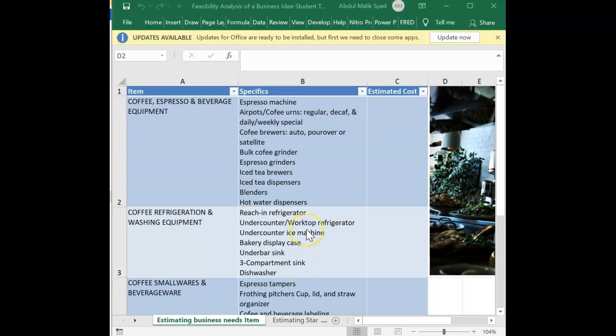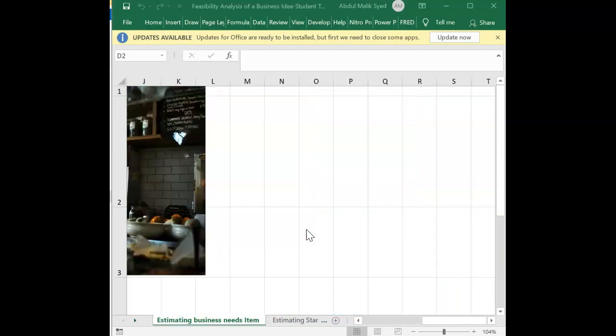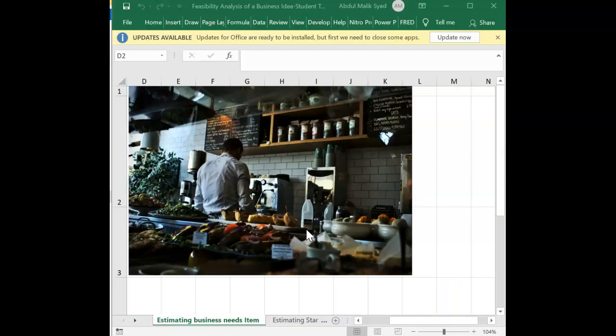Okay, so we want to start a coffee business, something like this in the picture. You require different kinds of machines, different kinds of utensils, the infrastructure. All this you need to develop, and that is what the business needs item is.